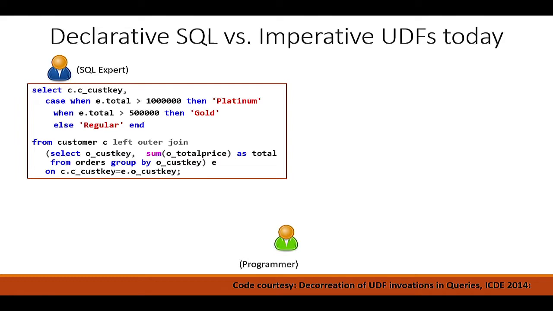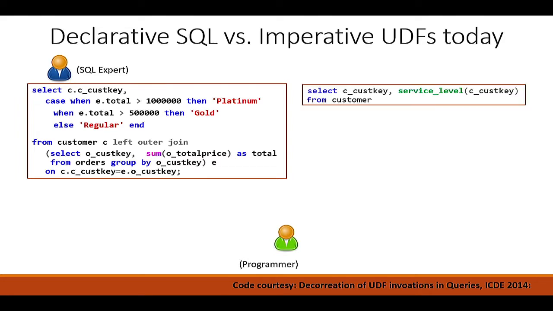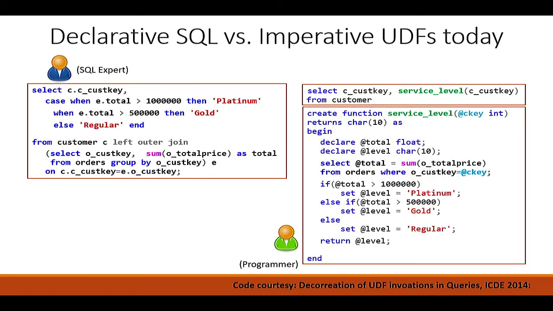The other engineer happens to be a programmer who's not an expert in SQL, but he knows some basic SQL, and he knows programming in procedural languages, like, in this case, T-SQL, the Transact SQL. He writes a simple function which computes the service level. Service level is basically whether the customer is platinum, gold, or regular. As you can see, this is called a user-defined function, or UDF, where from an SQL query you can call this function.